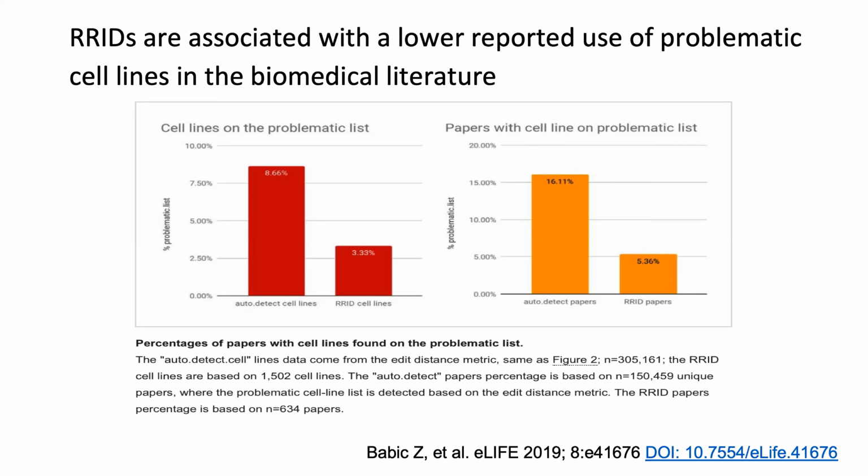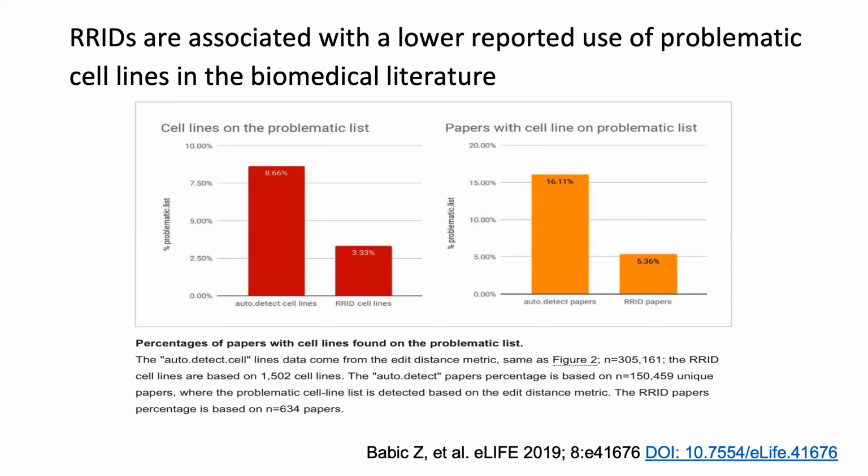So this is when you're publishing a paper, and suddenly, potentially, you see that when you're getting information on the RRID, this alerting information comes along with it.